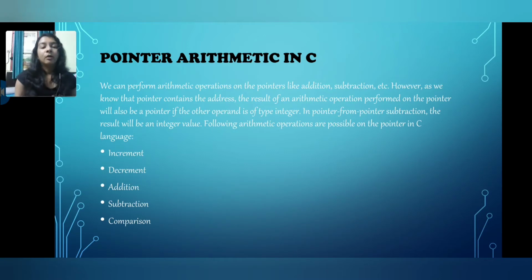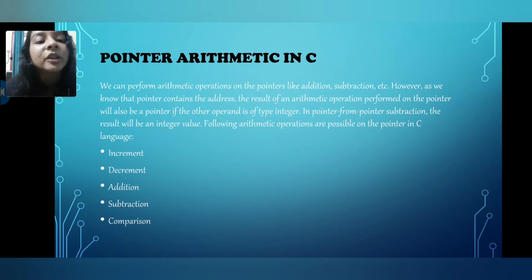But if you perform a valid arithmetic operation using one pointer and one integer, then the result would be a pointer. When you use two pointers, the result would be an integer and not a pointer. The result in that case won't be an address anymore. So in pointer from pointer subtraction, the result will be an integer value, as I already said.